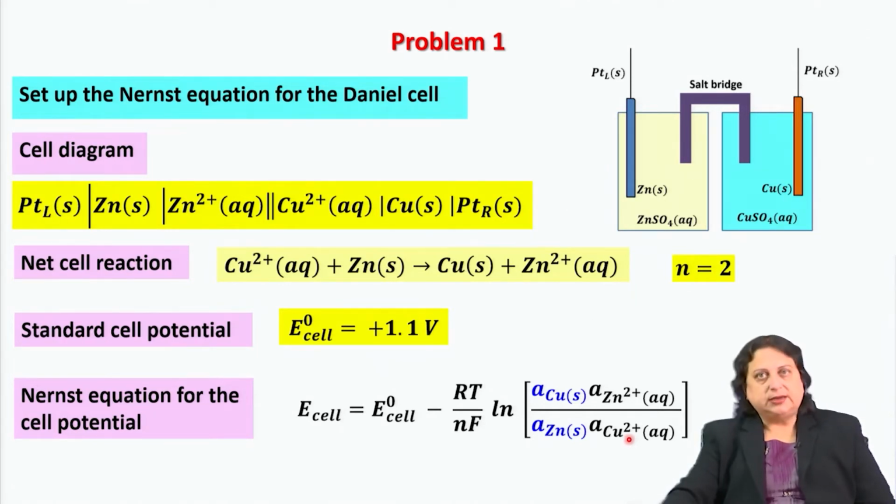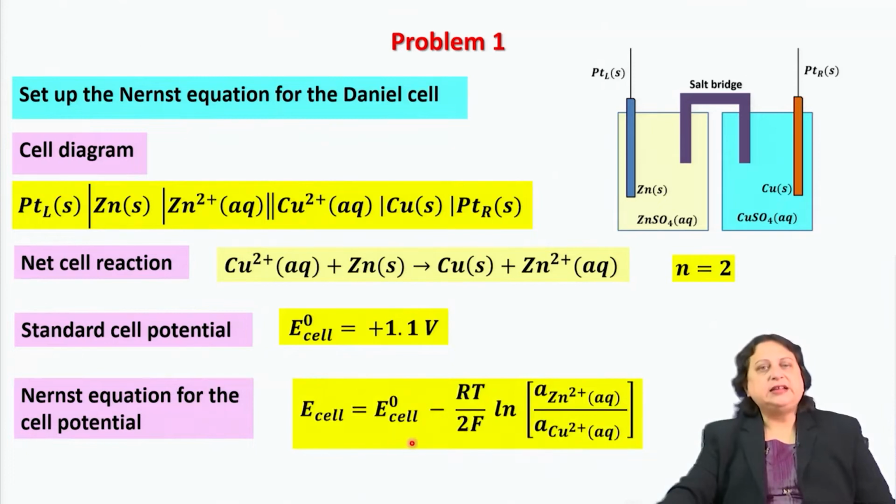We have already learned in the class on chemical equilibrium that there are some standard values that we accept for activity. According to that, I know that for a pure solid phase such as the ones I see here for copper solid and zinc solid, the respective activities would be equal to 1.